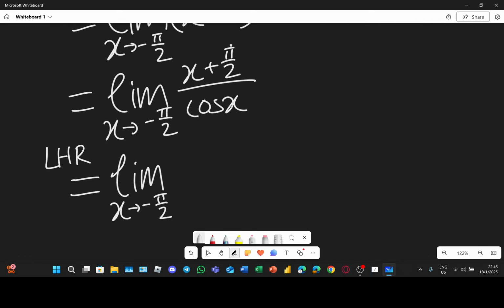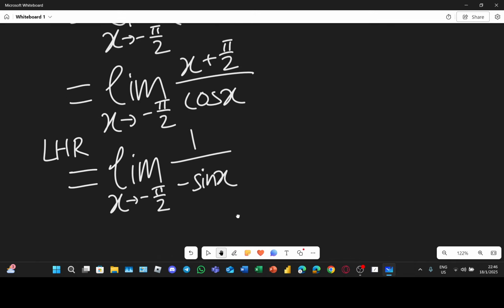So we'll take the derivative of x plus pi over 2 with respect to x, which gives us 1. Derivative of x gives us 1. Derivative of pi over 2, because it's a constant, gives us 0. And then we take the derivative of cosine of x, which gives us negative sine x.